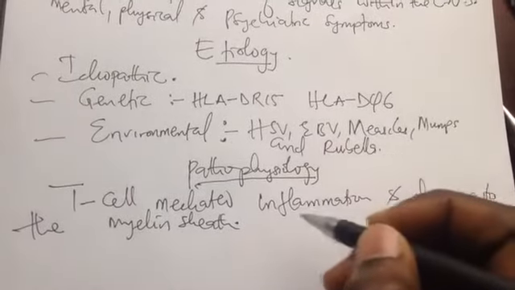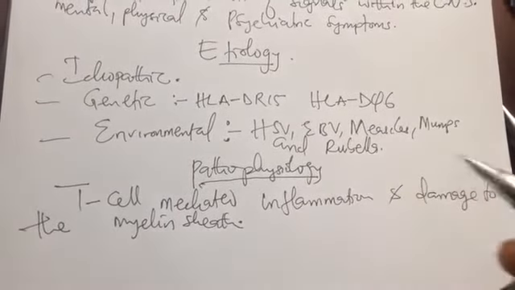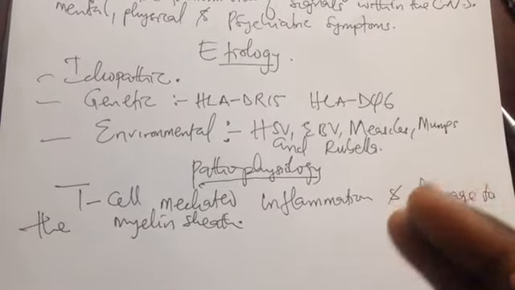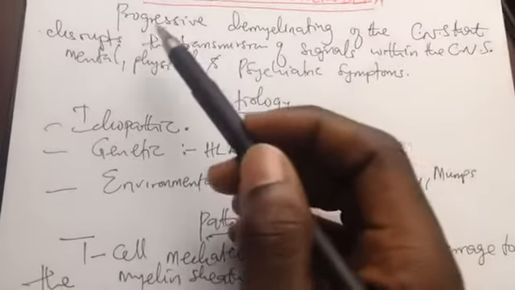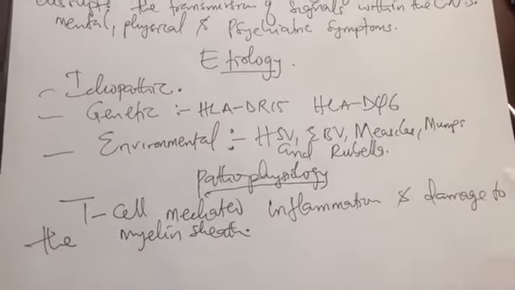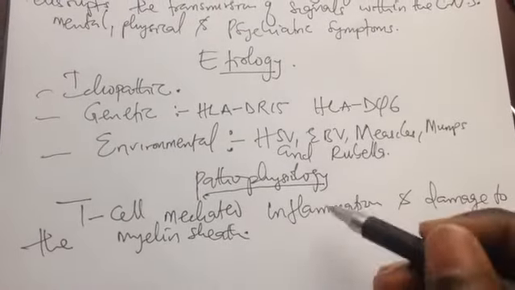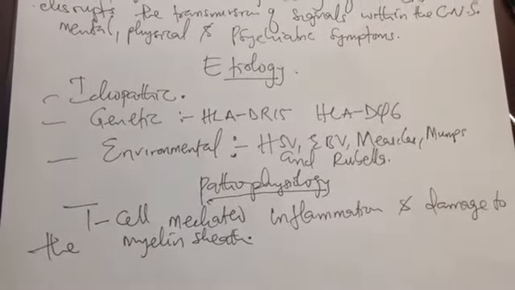When this inflammation occurs, sometimes the myelin sheath does recover, but as time goes on, since from the definition it is a progressive disease, the inflammation comes back again. After the remission of the inflammation, it reoccurs after some time.